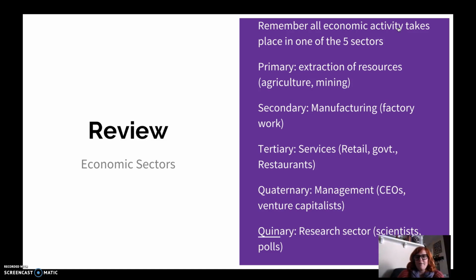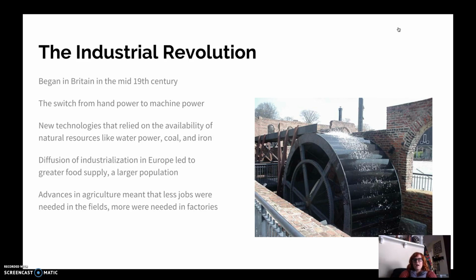Okay? All right. So I had you read that article on the Industrial Revolution after your last test. And that's really important because this is where all of this stuff begins, right? So England is the first to industrialize in the mid-19th century. The Industrial Revolution, which we've talked about before, is when machines come into play, right?